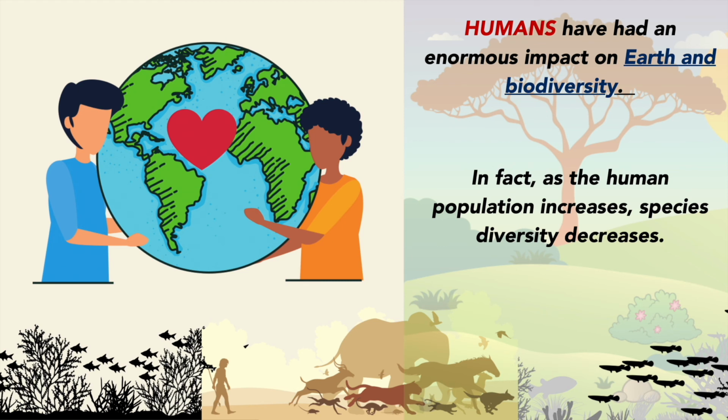By the year 2050, the human population on Earth is expected to reach 9 billion. Meanwhile, more than 23,000 species around the world are at risk for extinction, and that includes more than 40% of all amphibians, 33% of reef-building corals, and 13% of birds.